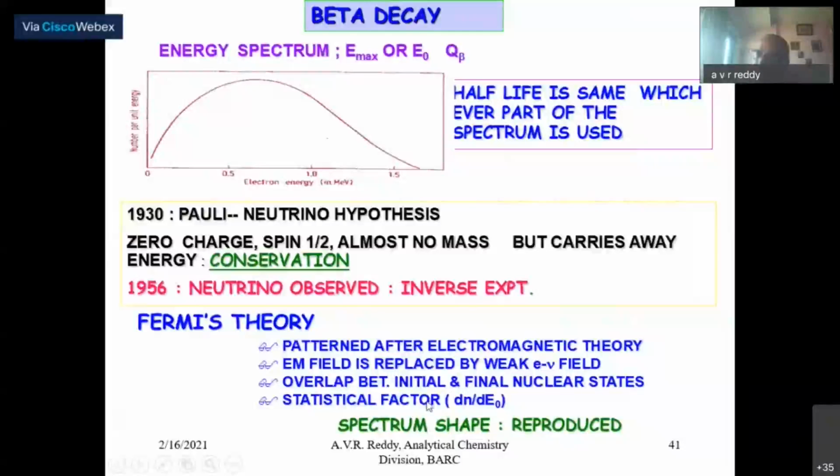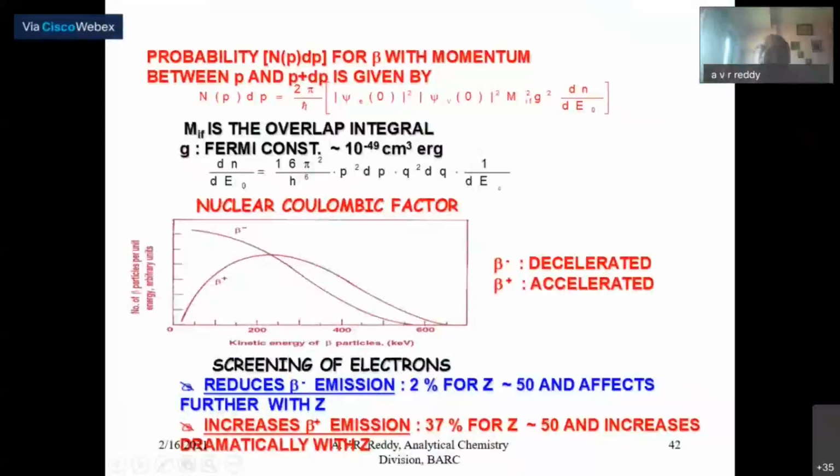From that, some selection rules were made, and beautiful. Actually, I don't know if time is there, one should actually go through it, but it's impossible now. So the probability for beta decay between two momentum intervals we could calculate.